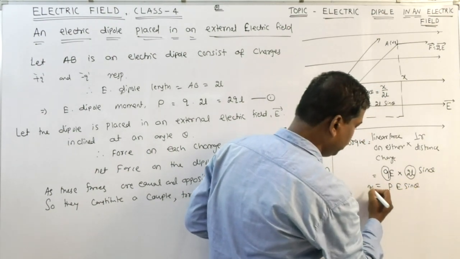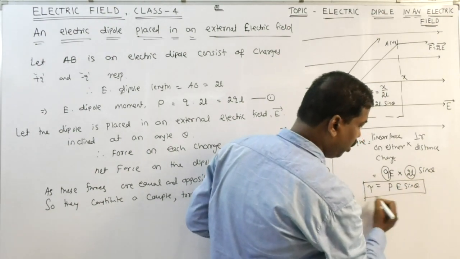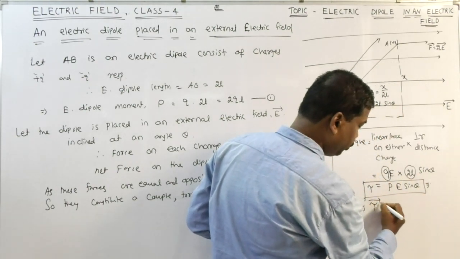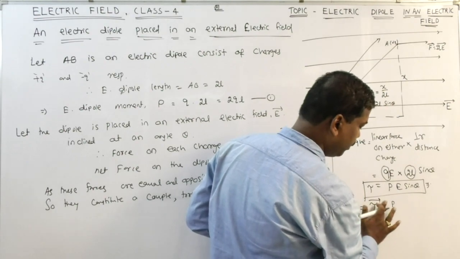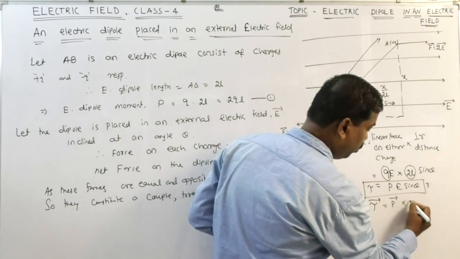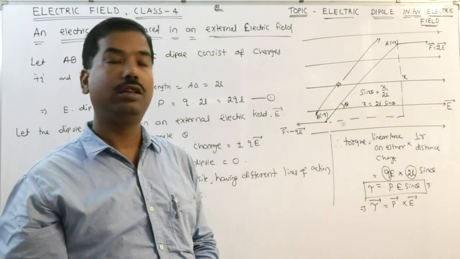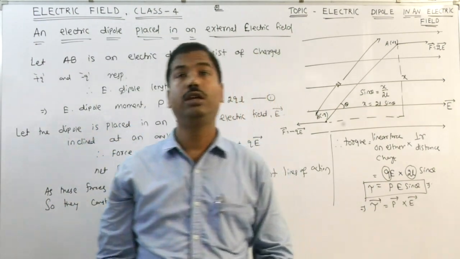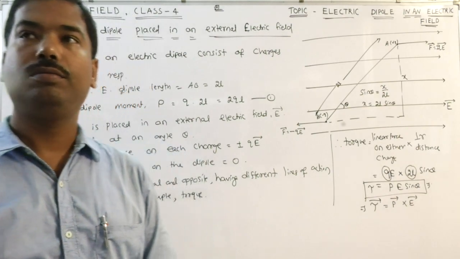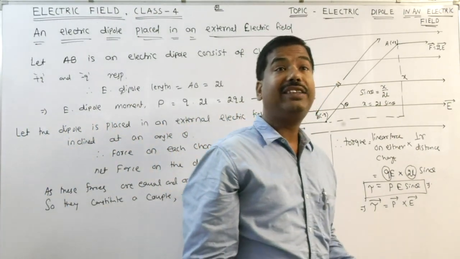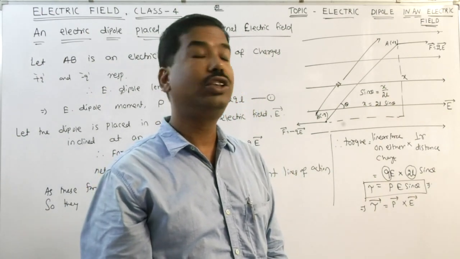This is torque, or I can write it as tau is equal to, in vector form, tau is equal to p cross E vector. Clear? Tau is equal to p cross E vector. So here torque is an axial vector, or we can take it as a pseudo vector.